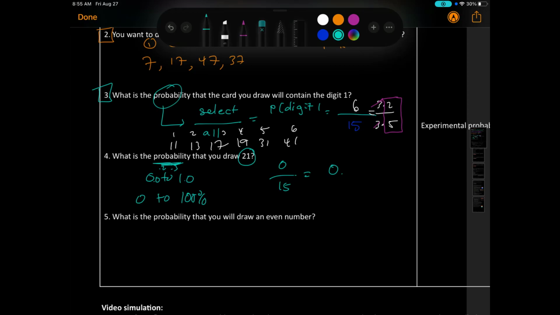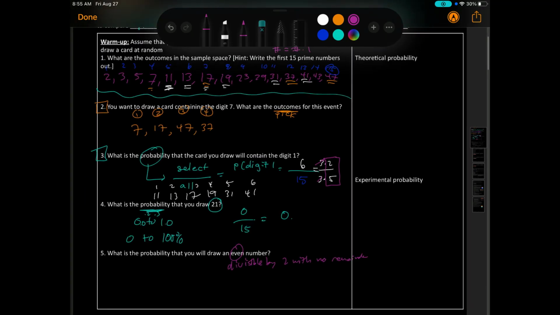Okay, what is the probability that you draw an even number? Even number. Okay, so even is just divisible by 2. Divisible by 2 with no remainder, right? You can cut it in half evenly, as I might want to say.